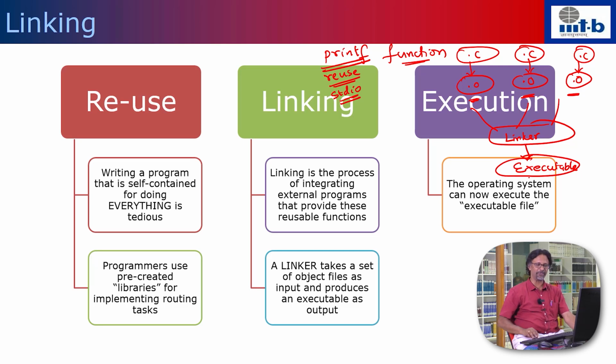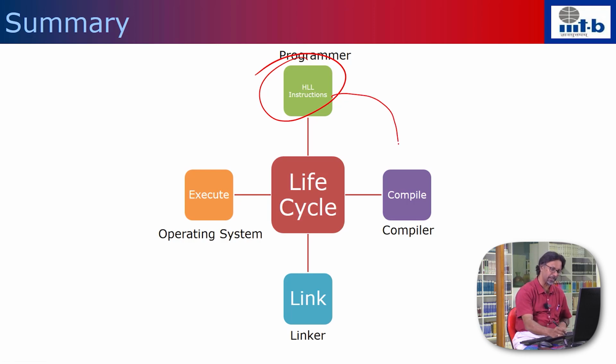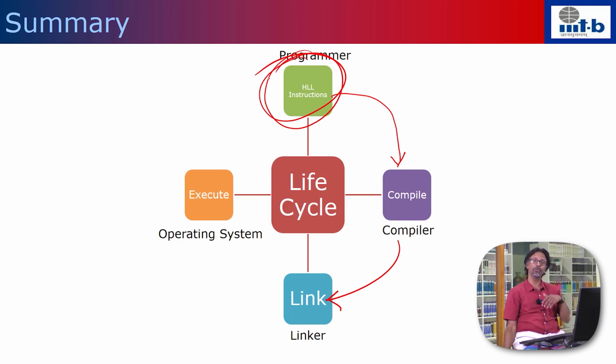So as part of the life cycle, you go back and modify the instructions to suit your needs. Okay? Again, you go through the same process. Again, you put it through the compilation process. You send it to the compiler, and then in turn you also link it, because when you made this particular modification, perhaps you started reusing more libraries.